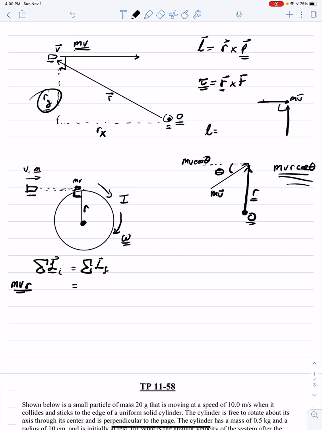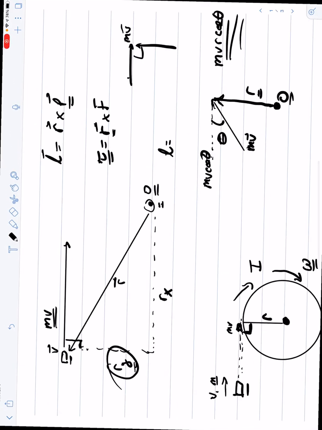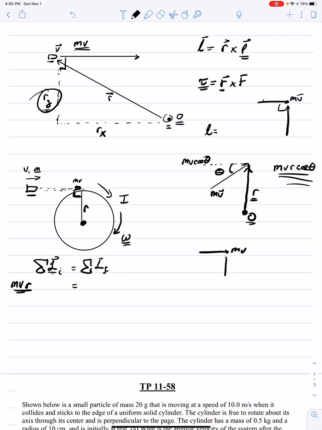That is the only way that you can actually get an angular momentum, as long as they are perpendicular to each other. Okay? So, just rewriting mass, velocity, and this is r. All right? So we rewrite this as this.